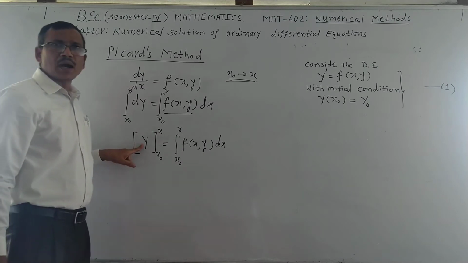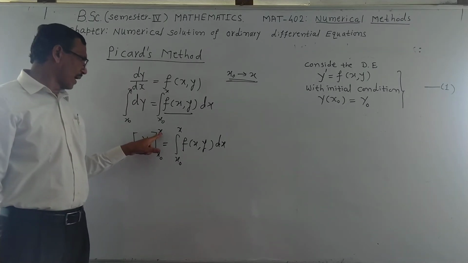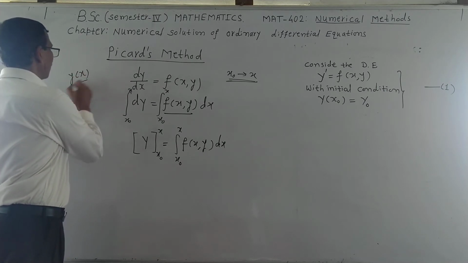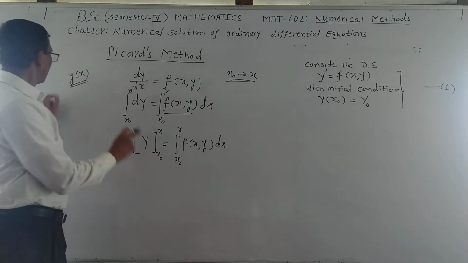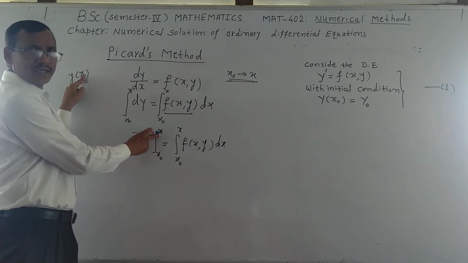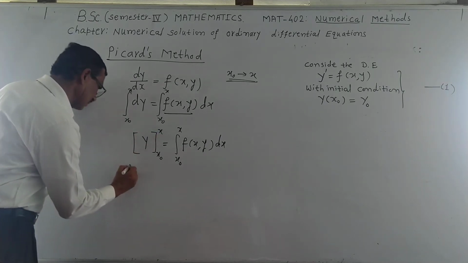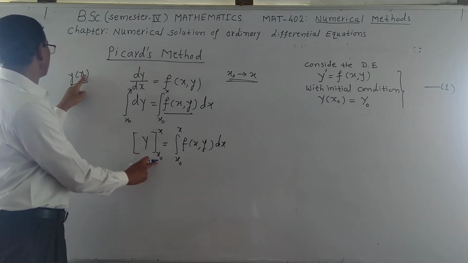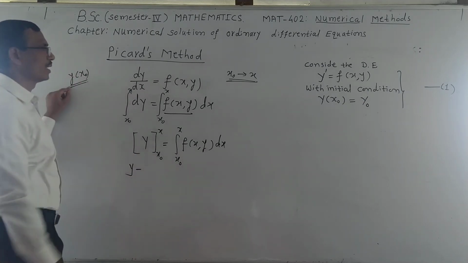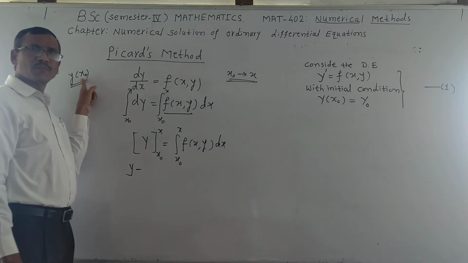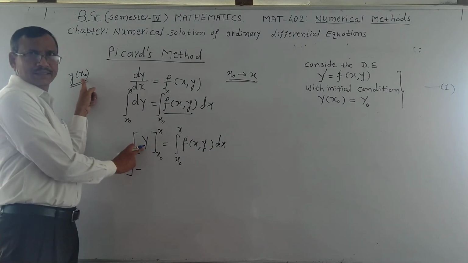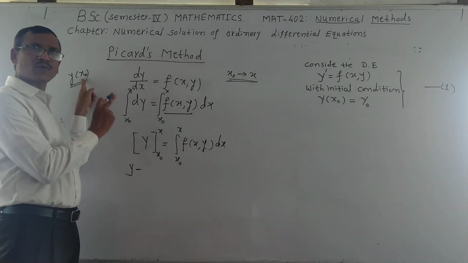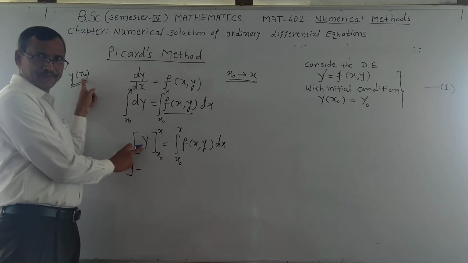Now upper limit is x, function is y of x, therefore it remains y of x as it is, but y of x is denoted by y.